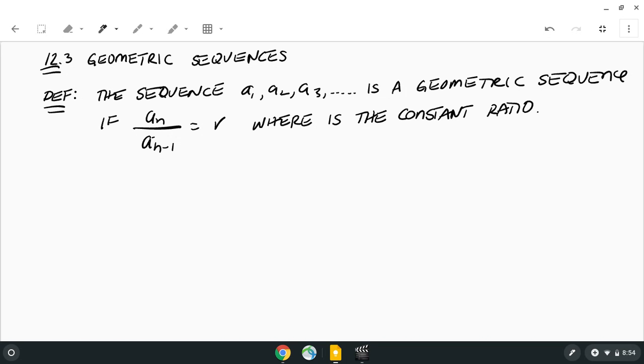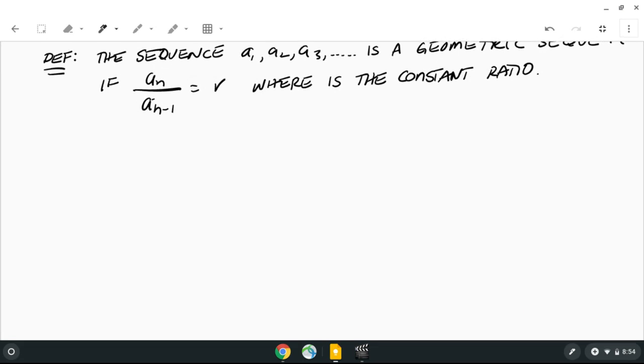Okay, so last time with the arithmetic sequence, we had a common difference where you took any term in the sequence and subtracted the one before it, and you got the same constant. So here for geometric, you're not subtracting, but you are dividing by the one before it, and you should always get the same number.